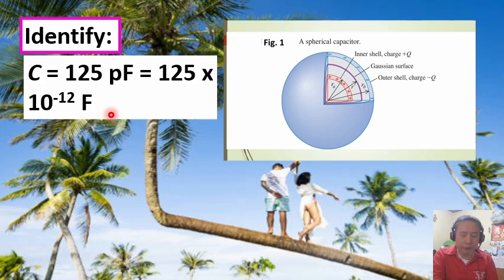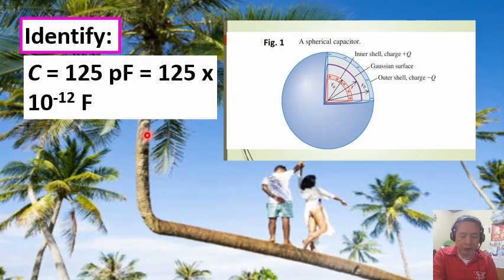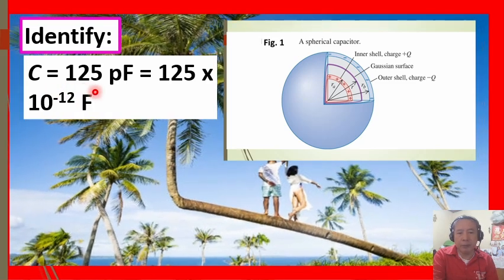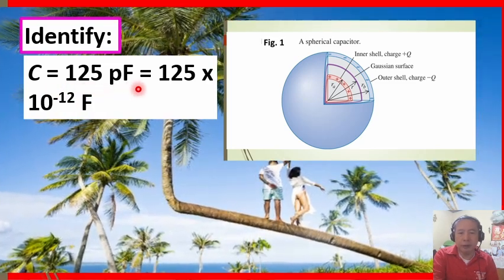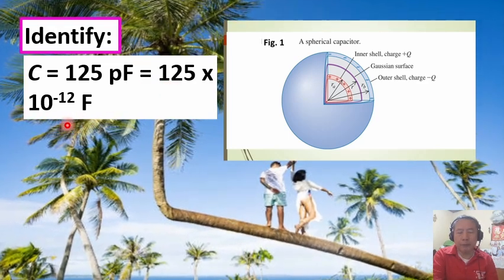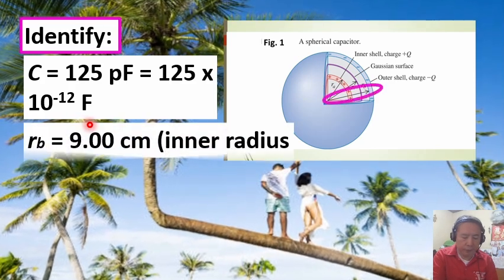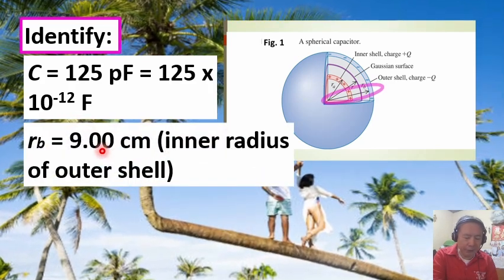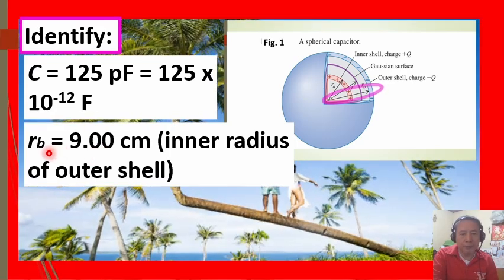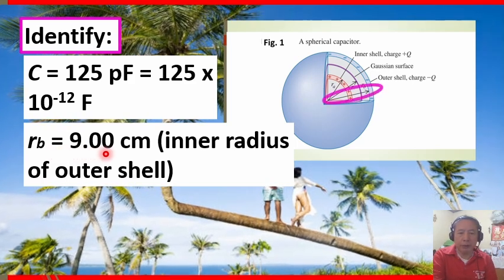We are given the capacitance of this spherical capacitor, denoted by capital C, equal to 125 picofarad, or equivalent to 125 times 10 to the negative 12 farad. The inner radius of the outer shell, denoted by small r sub b, equals 9.00 centimeters.